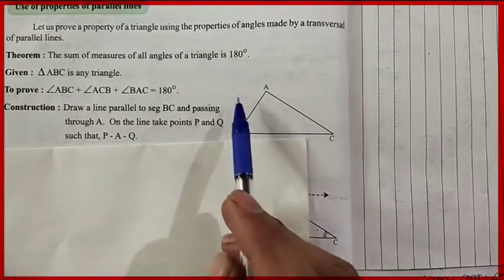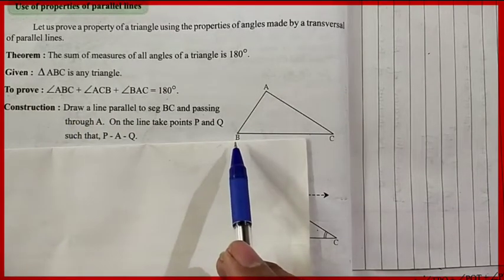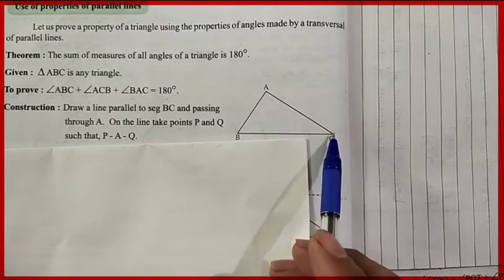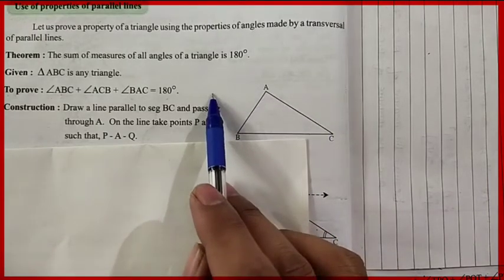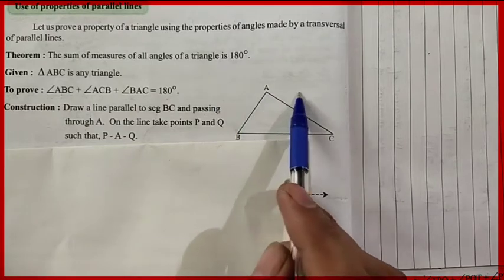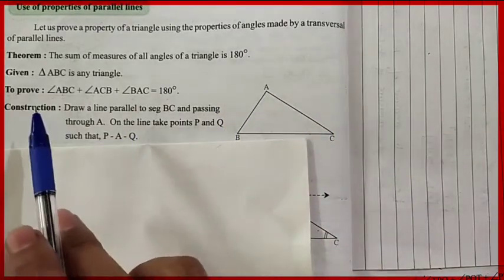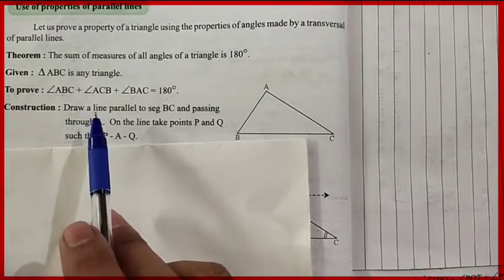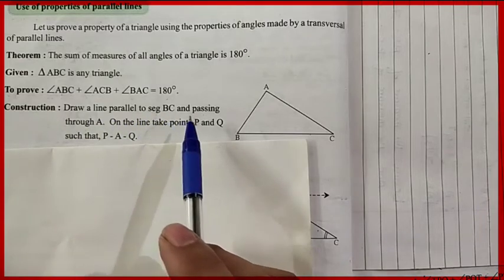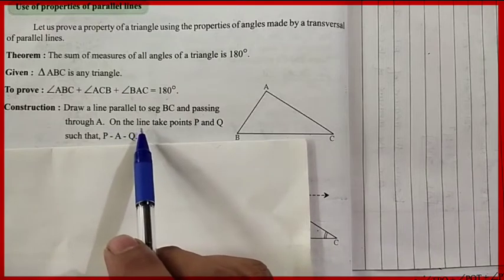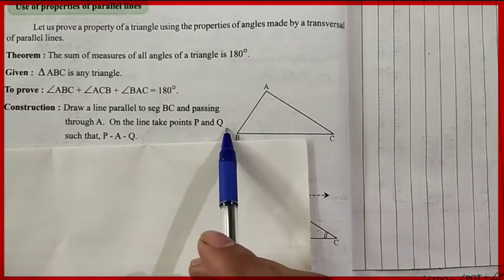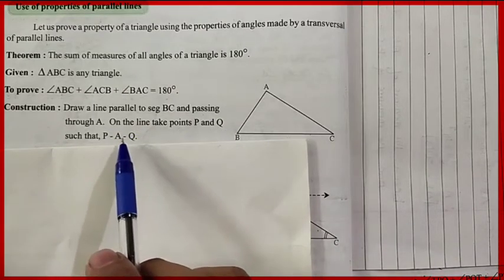What? We have to draw a line parallel to BC from the vertex A. Okay, so draw a line parallel to the segment BC which passes through A. On the line, take points P and Q such that PAQ are collinear.